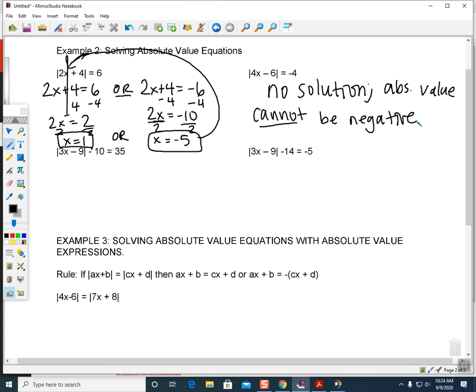It would be tempting to take this negative 9 and this 10 and put them together. I can't do that. My negative 9 is on the inside of my absolute value signs, brackets, and my 10 is on the outside of my absolute value brackets. So I can't just combine those. So my first step then is going to be to add 10 to both sides so that I can get my absolute value by itself.